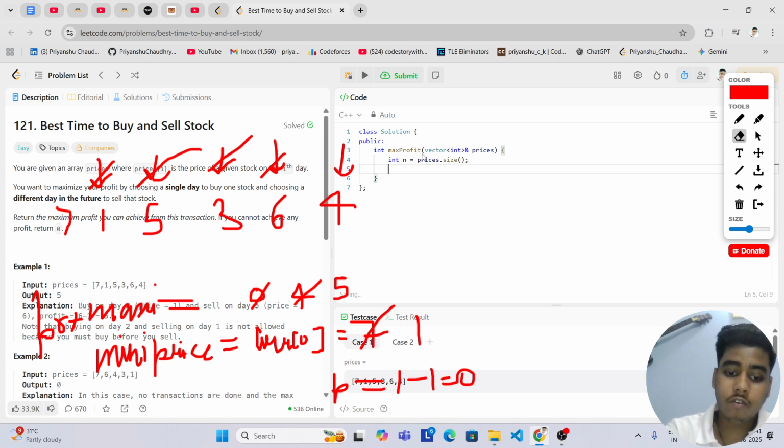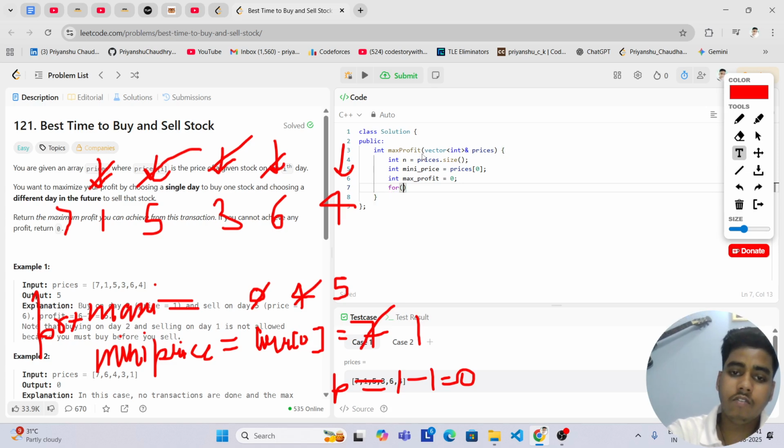Now what I said, we will keep track of the minimum price found so far, and this will be our starting element, and the max profit found so far. The minimum profit will be 0 according to the question.